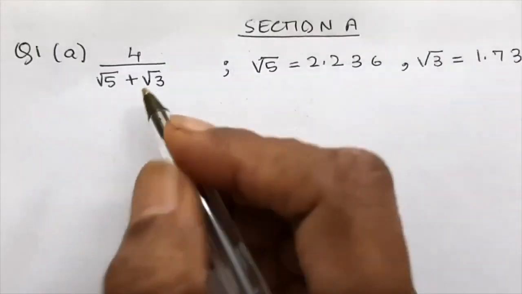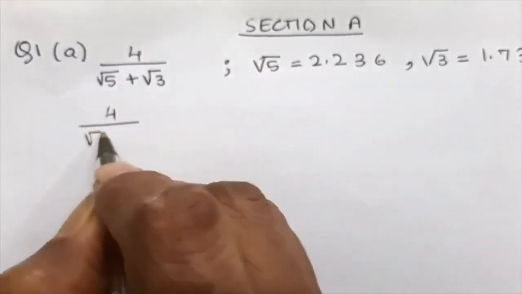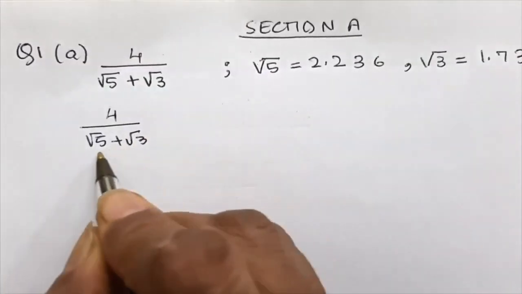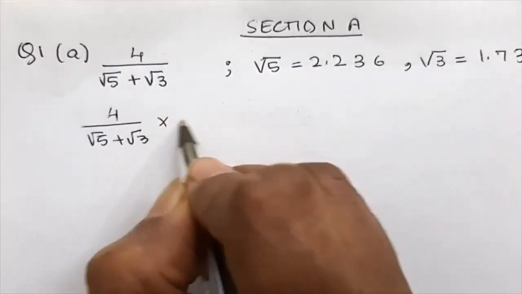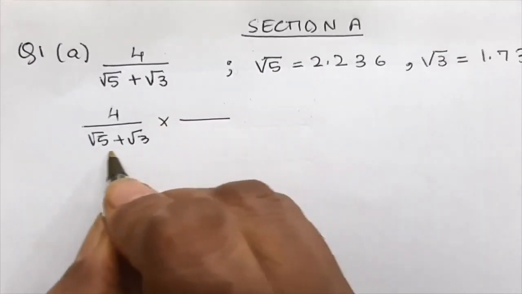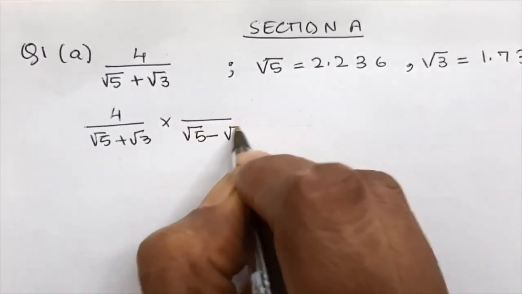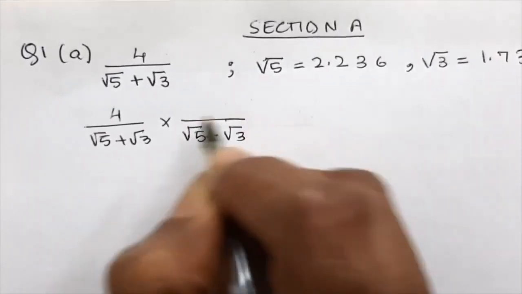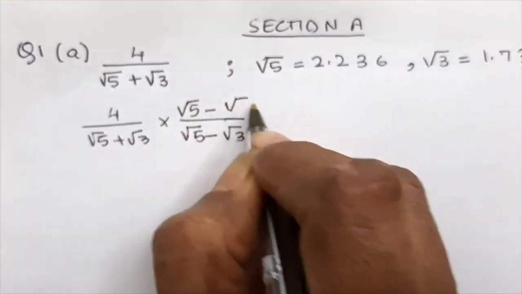We have written the question down. Now we will write the fraction the way it is given. And because the denominator is of the form a plus b, we will rationalize it with the form a minus b, which means root 5 minus root 3, and the numerator also will be just the same.